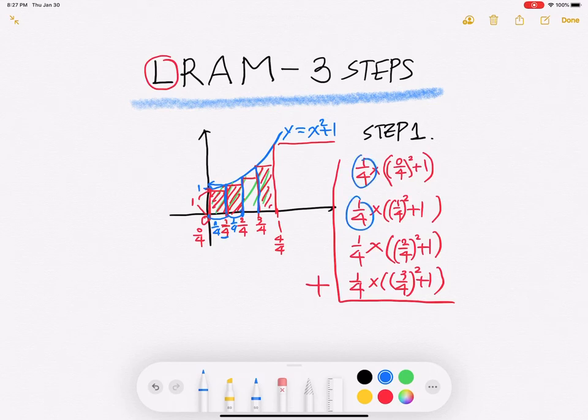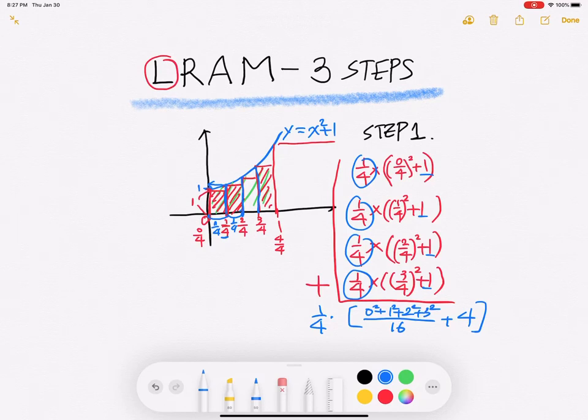This is a common factor of all 4, so I will take out 1 over 4 times what is left: 0 over 4 squared plus 1, 1 over 4 squared plus 1, 2 over 4 squared plus 1, 3 over 4 squared plus 1. So I'm going to do this: 0 squared plus 1 squared plus 2 squared plus 3 squared, all over 16, which is 4 squared, and then plus 4, because there are 4 ones there.